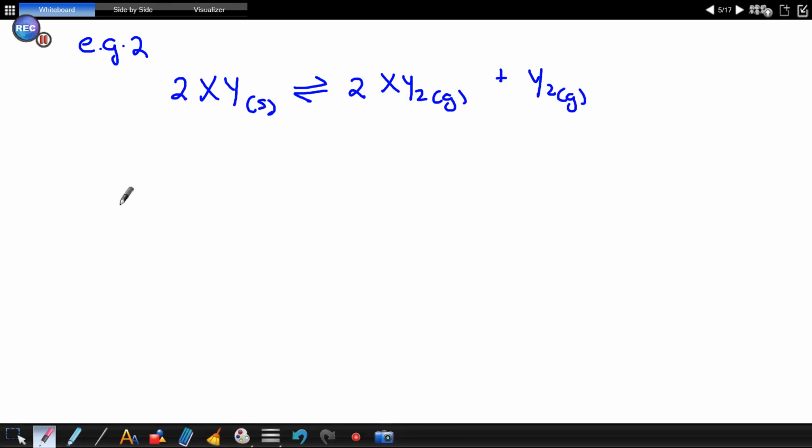And then a question like this, why do we have a solid? So what is given? It is in a volume of 2 cubic decimeter, in a container, and allowed to decompose at 400 degrees Celsius.